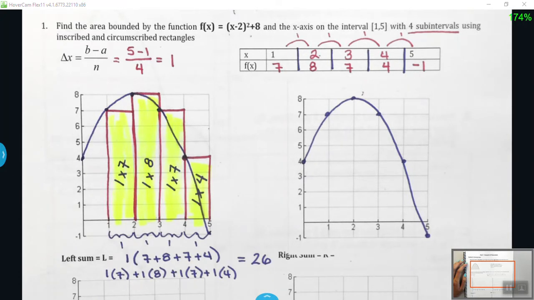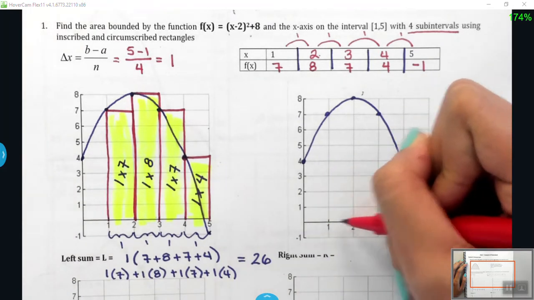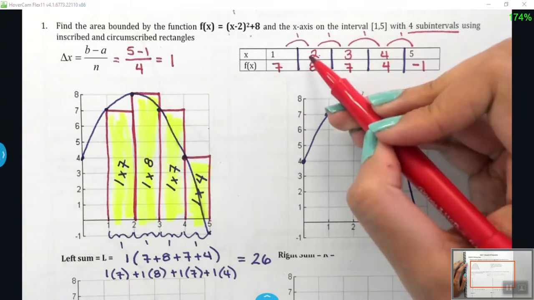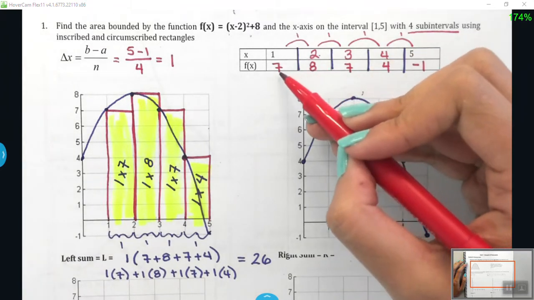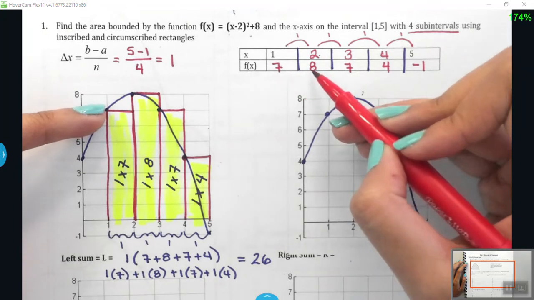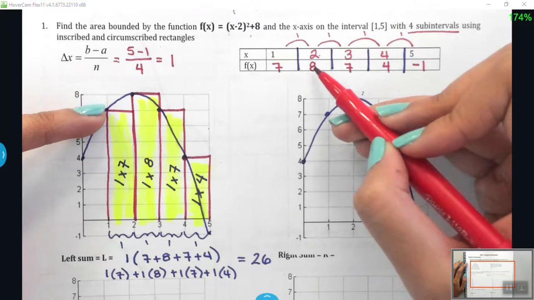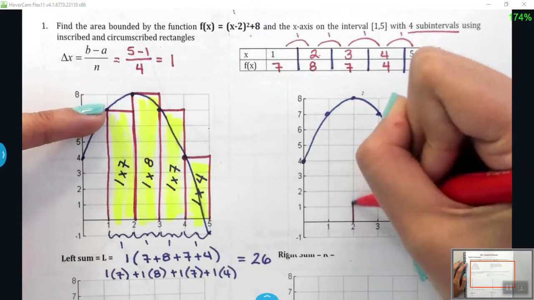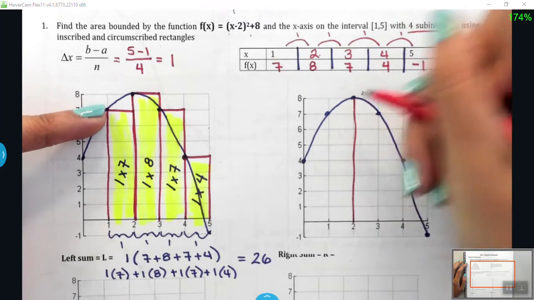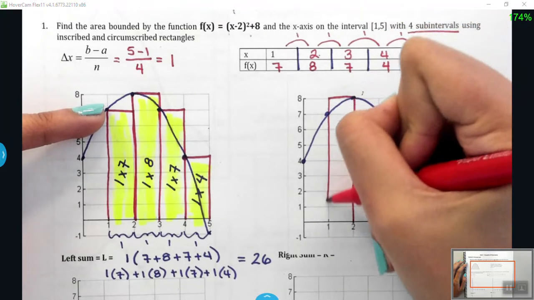So the right Riemann sum means that I'm going to go in between 1 and 2 is my interval, but instead of going up to 7, here, I'm going up to the right side in between that interval. So I'm going up to 8. So at 2, we go up to 8. But then we draw a rectangle to the right and then down.